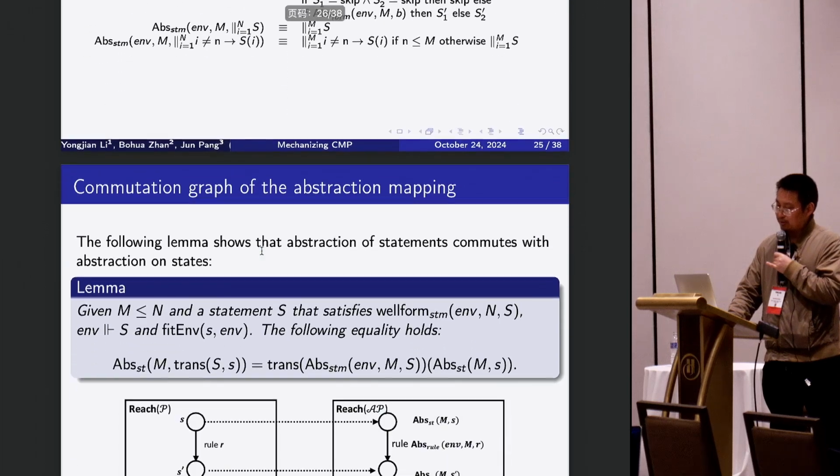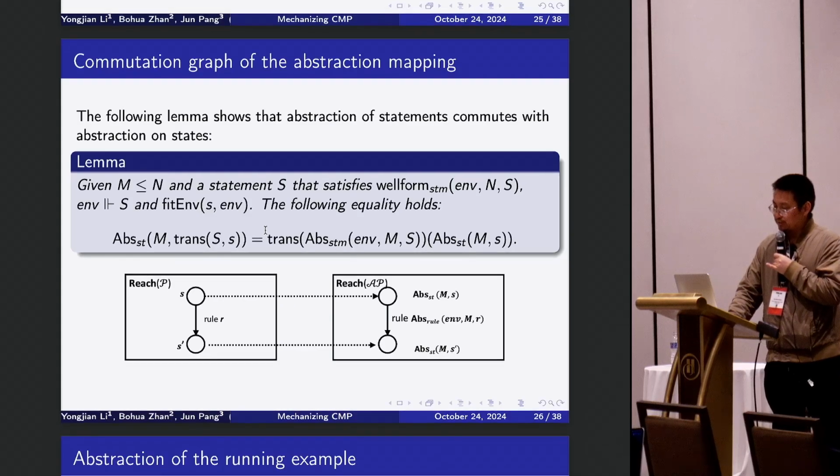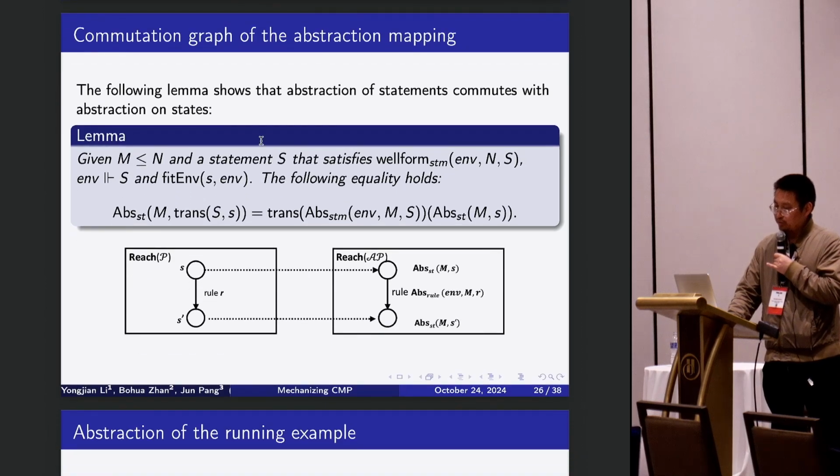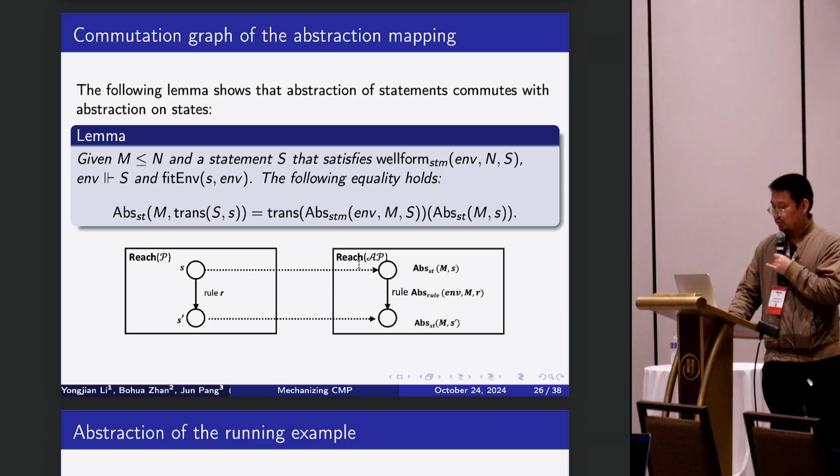The third one, our abstraction should be sound. The soundness is illustrated by the commutation graph of the abstraction. This means that in the original protocol model, if S is going to S prime, then it has a counterpart in the abstraction model.